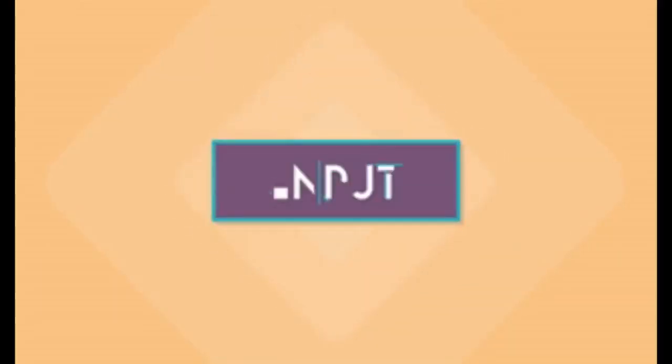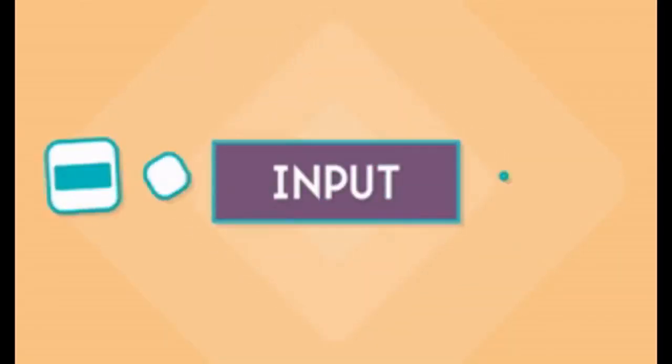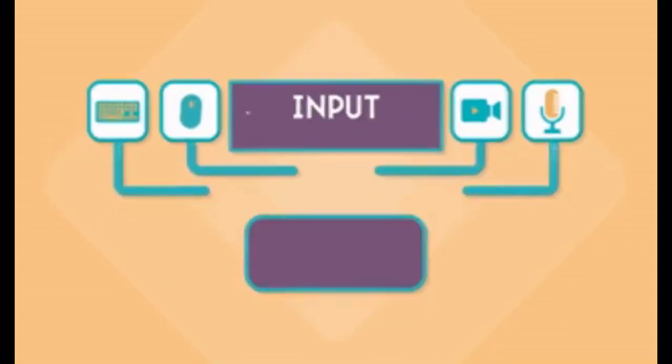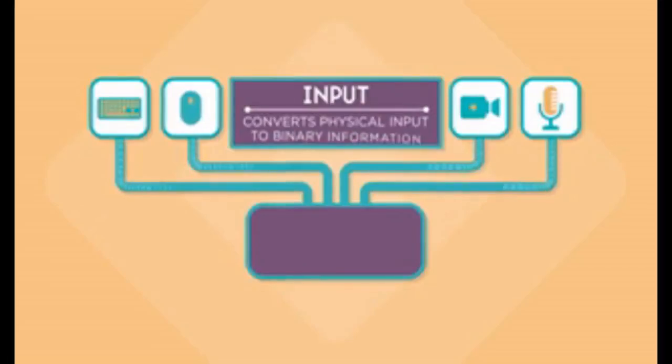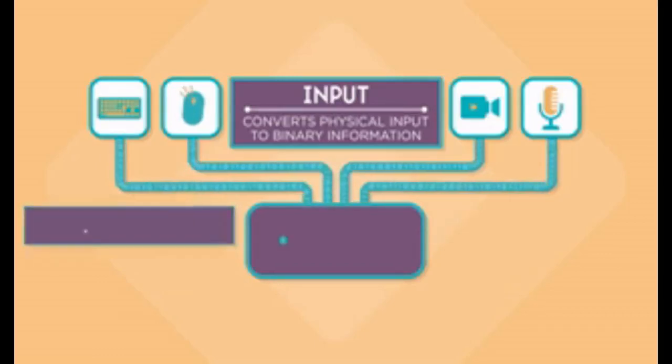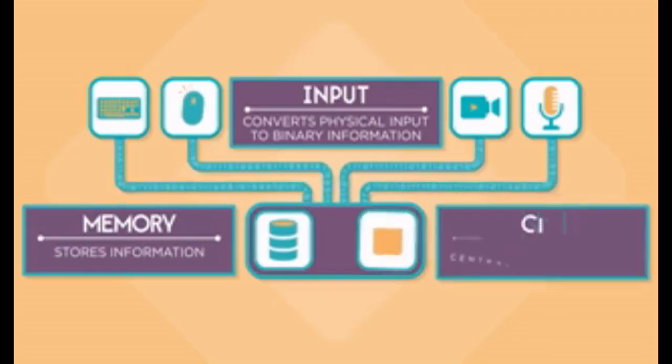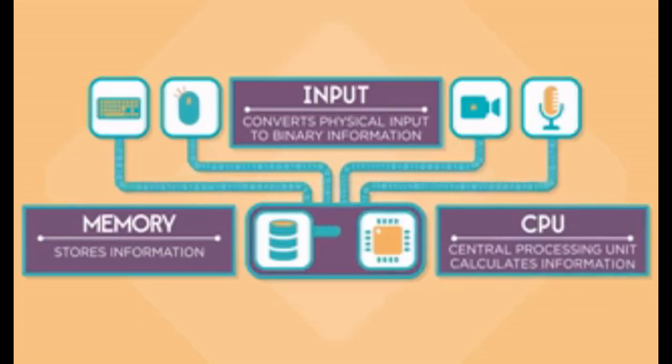So we can say that there are input devices which take input from the user. That can be your keyboard, your mouse, microphone or a webcam recorder. Then the input is sent to the computer's memory, which temporarily stores the information. Then there is CPU, which is central processing unit, where all the calculations and the information is processed.